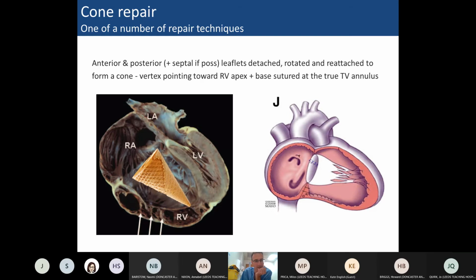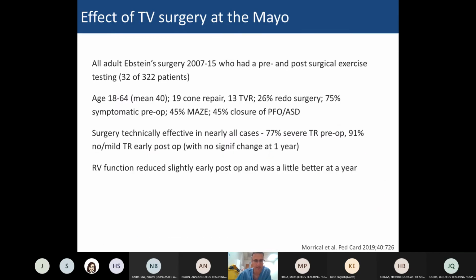Effectively that forms a cone with the vertex pointing towards the right ventricular apex, and the base of that cone is sutured at the true tricuspid valve annulus. So you've taken a valve that's sitting down here, taken it all off completely, twisted it round a little bit, and then stitched it back to where it should have been in the first place.